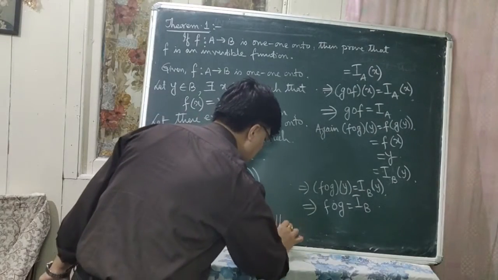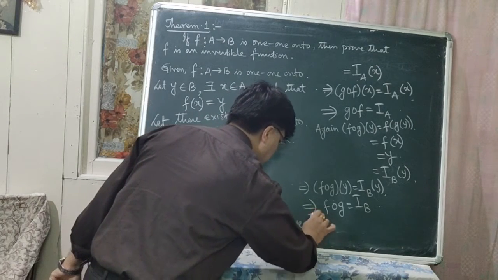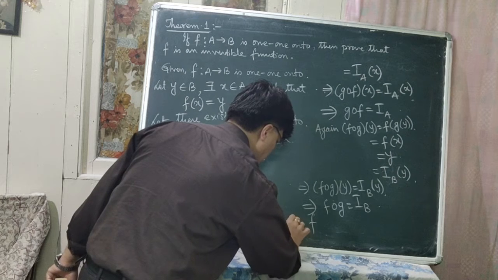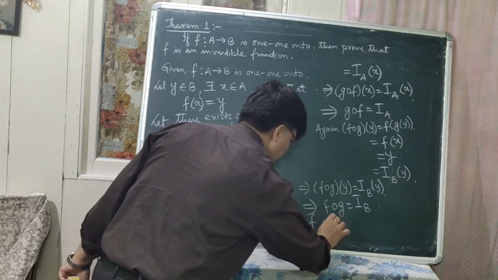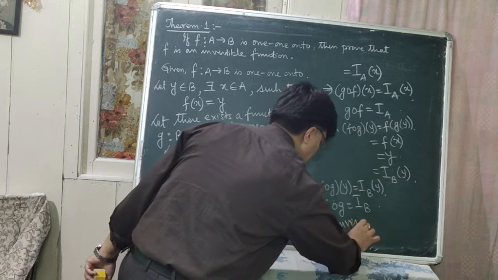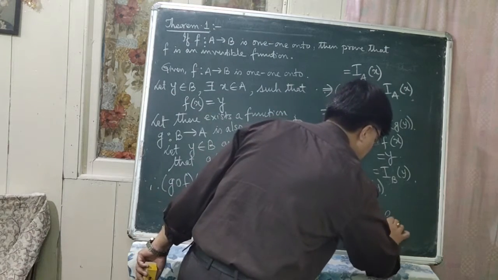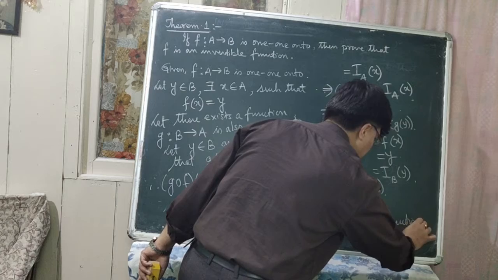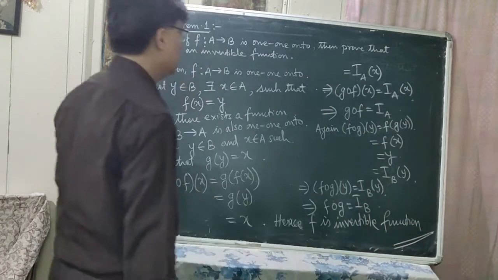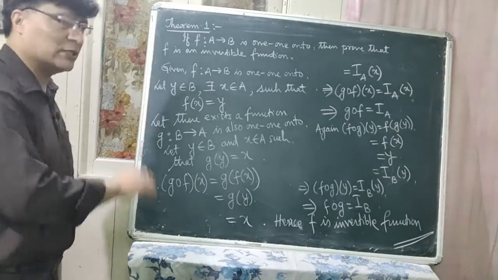So hence f is invertible, hence f is invertible function. So it is proved. So I think you have understood this proof.